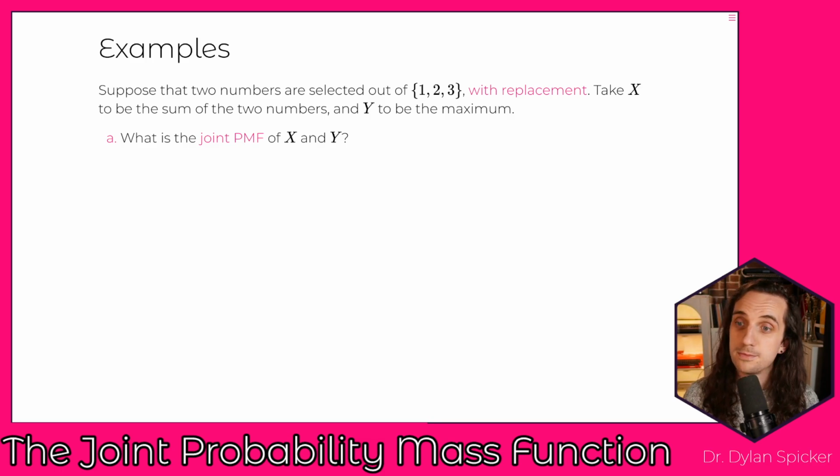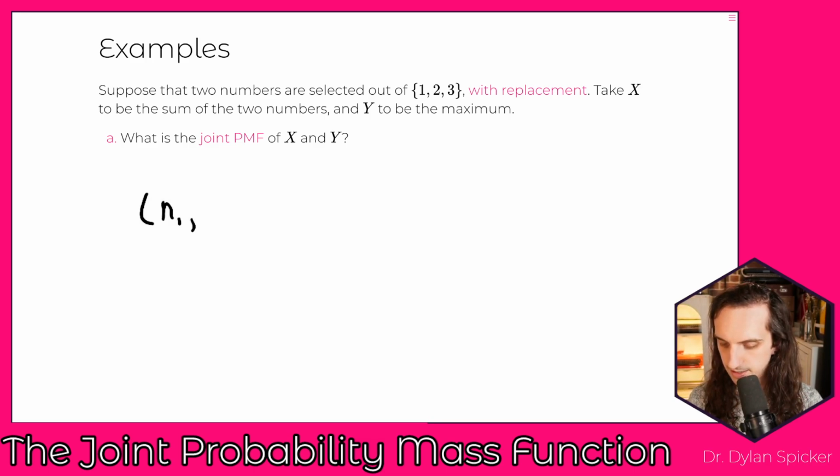We want to start by writing down the joint PMF of x and y. In order for us to do this, we should think about a couple of things. First, if we think about pairs of digits, say number 1, which I will call n1, and number 2, n2, how many possible pairs of numbers are there going to be?